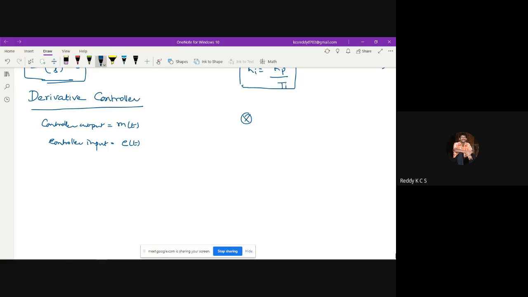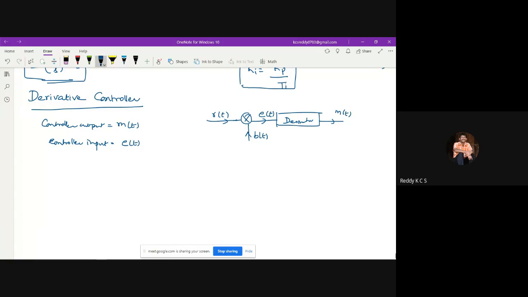So if you take this as r of t, any block diagram which represents the system, that is b of t, and which gives the error signal, that is the input for your controller, which is a derivative controller, and which gives the m of t. So the manipulated signal is the output of the controller, and this is called the input of the controller.